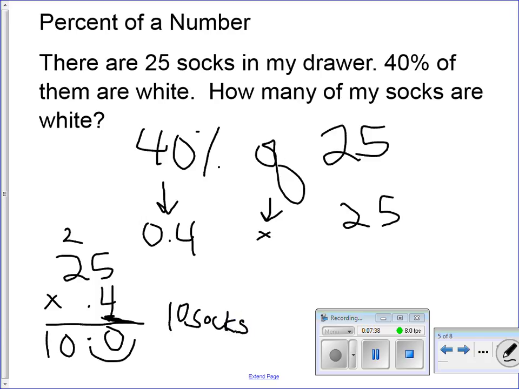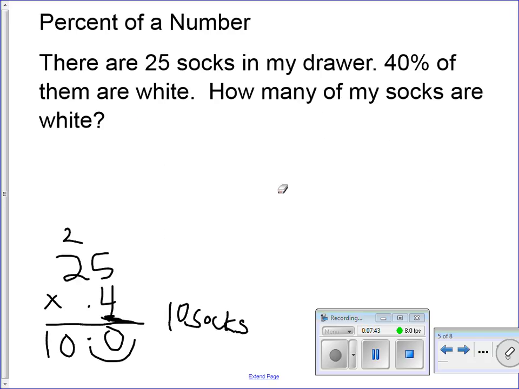Great. Let's use my 10% trick. If 25 is my number, what's 10% of 25? Well, we move the decimal place over once. 2.5. 2.5 is 10%, and I'm looking for 40%.